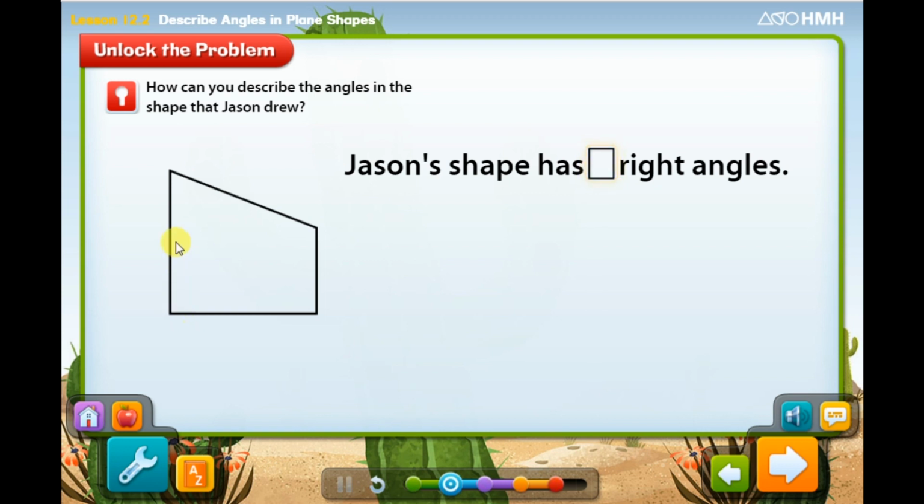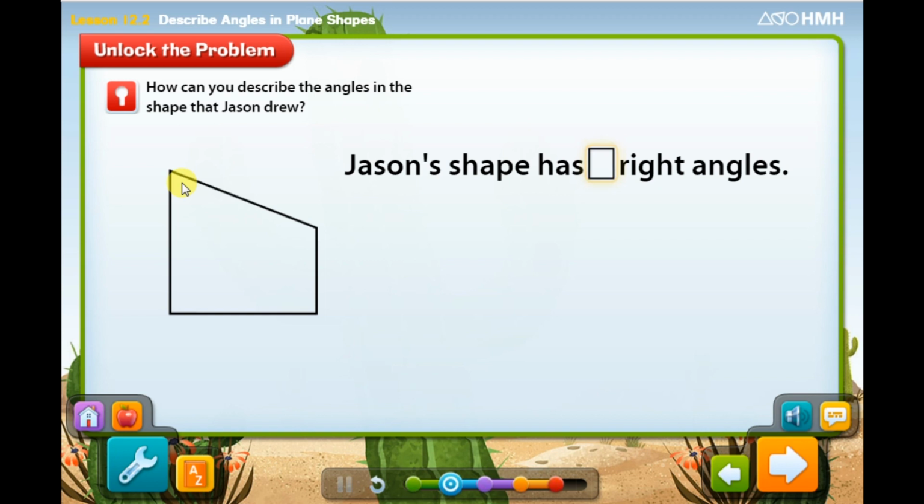So we have a narrow angle which is smaller than the right angle. We have a wide angle which is bigger than the right angle. And we have the right angle which is the angle of the square, or the angle of your back when you sit on your chair upright. So Jason's shape has how many right angles?